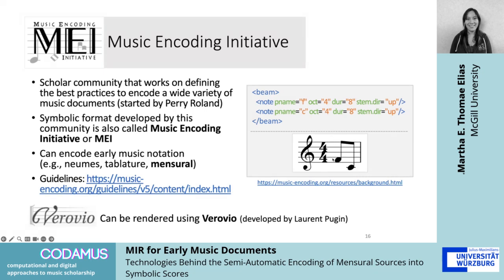That's this particular f over here. The dur for the duration is an eighth note, as you can see in the image, and the stem direction is up. So it's basically just defining characteristics of that particular element. And the next note element, of course, is the same, but the pitch name is C rather than F.